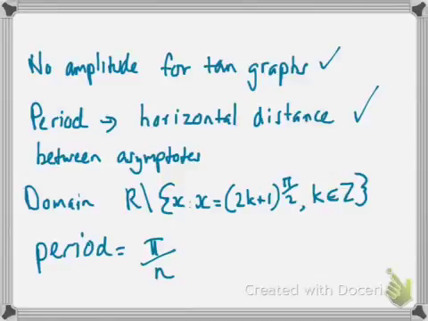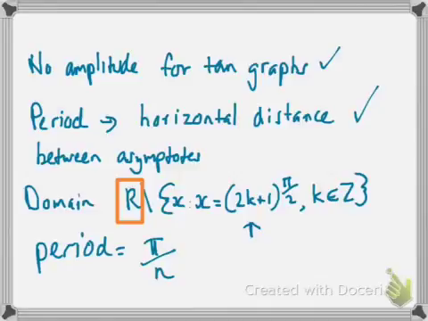It means that it's defined for all real numbers, except for these values. If we substitute values of k in there one by one, if k was 0, x would be pi on 2. If k is 1, x is 3 pi on 2. K is 2, x is 5 pi on 2.